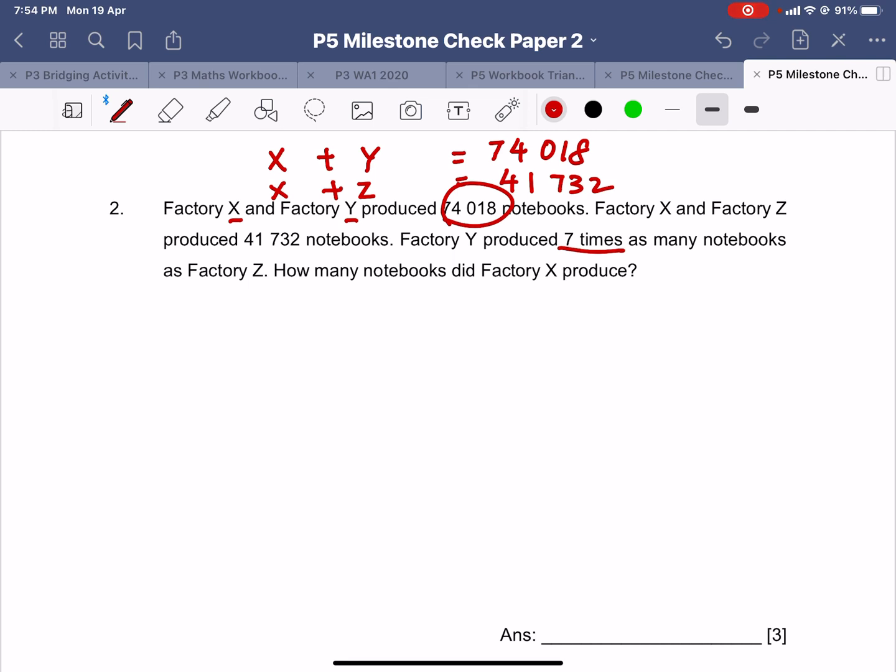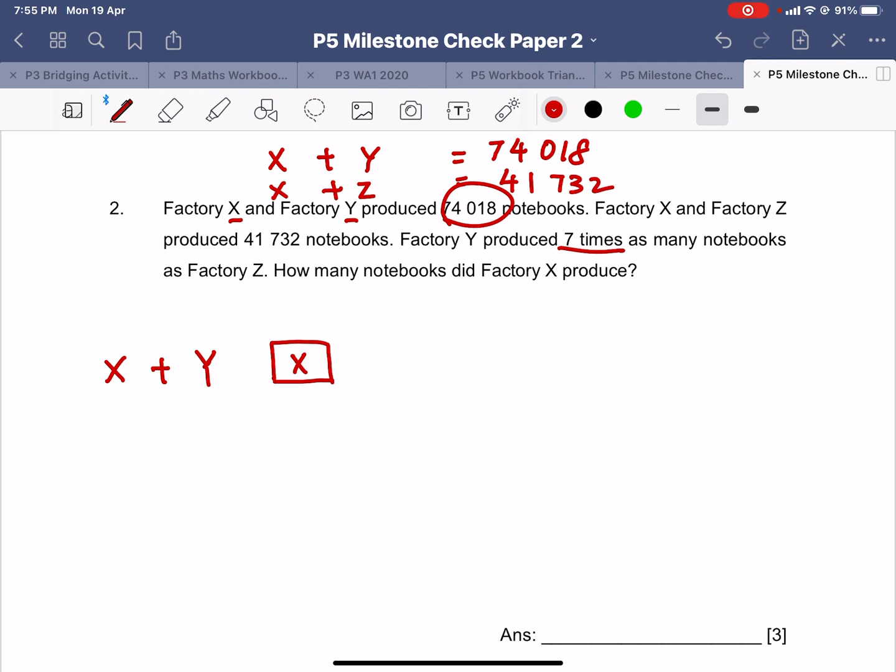The other time in the video, I had challenged Ian to do a model method for this type of question. Ian shared with me the model method. Here I am going to share a different, easier way. Factory X model will look like this. X is just X, a box which you don't know how many.